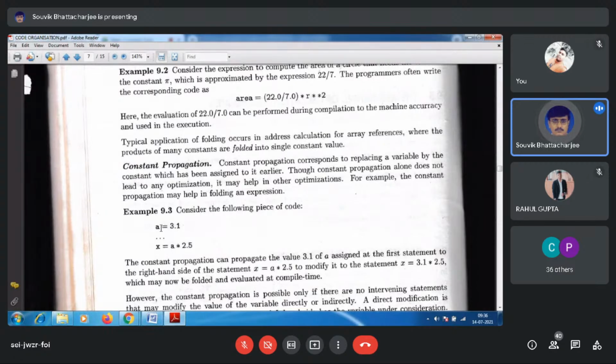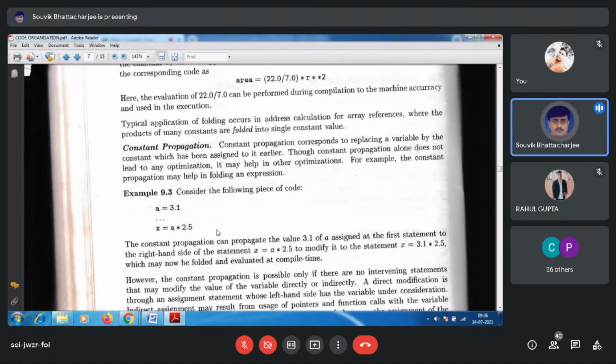A is not at all required here. If you use the actual value of X, that is 3.1 into 2.5, this type of computation is not required at all, because it is a constant. You are propagating the value of the constants everywhere, and basically you are folding the expression, that means minimizing the expression.